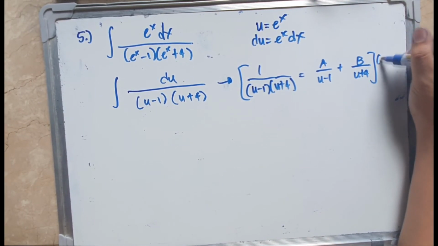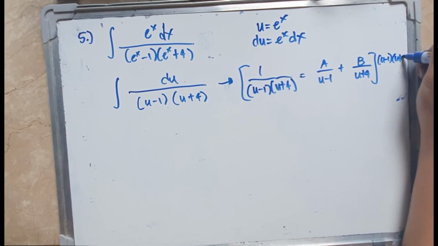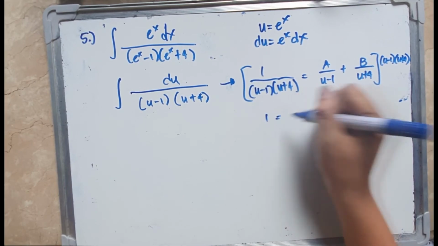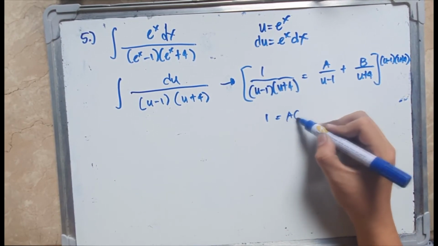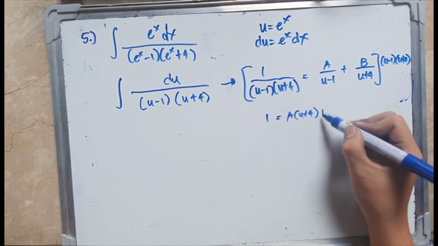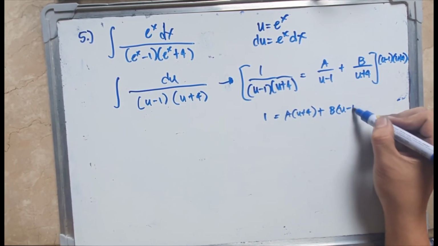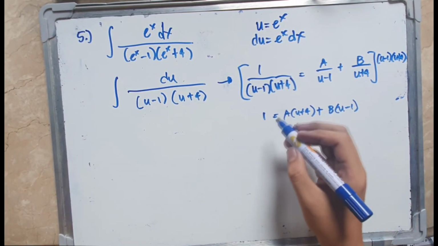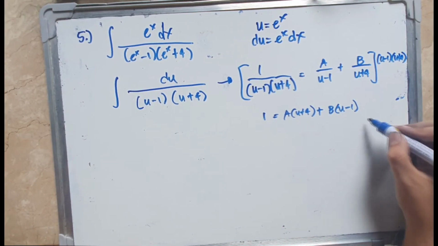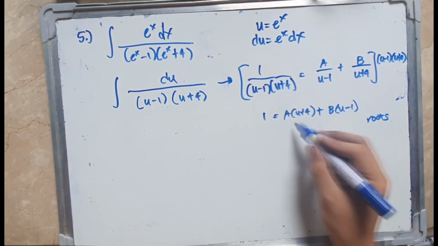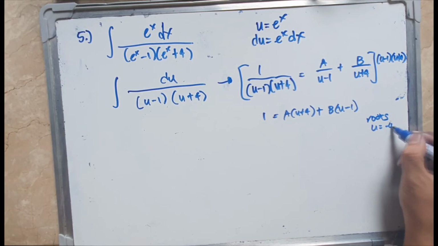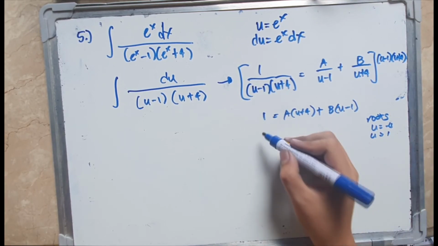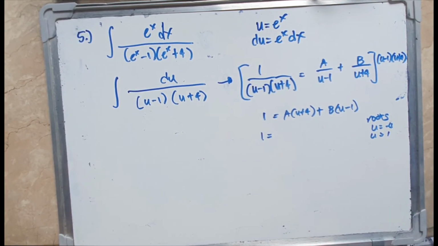Multiply with u minus 1 and u plus 4. We have 1, a with u plus 4, b with u minus 1. Substitute the roots. What are the roots? Using calculator, u is -4 and u is 1. So let's have when u is -4.